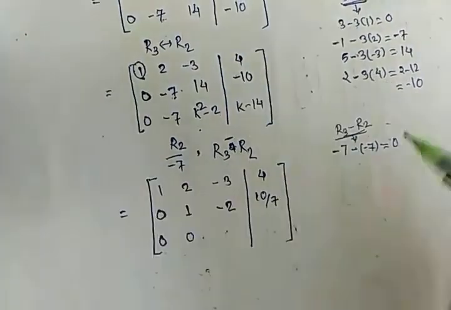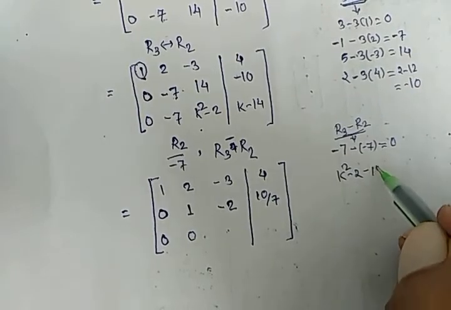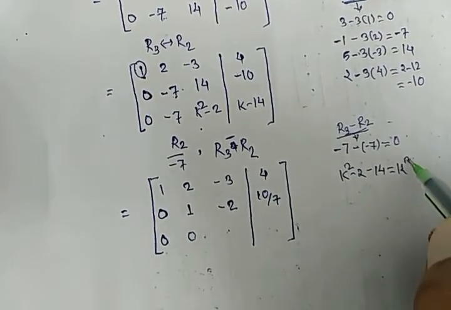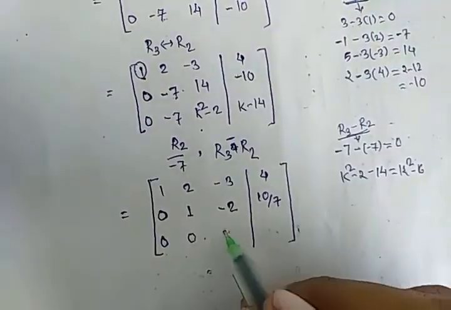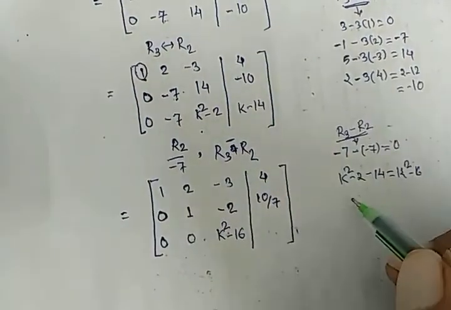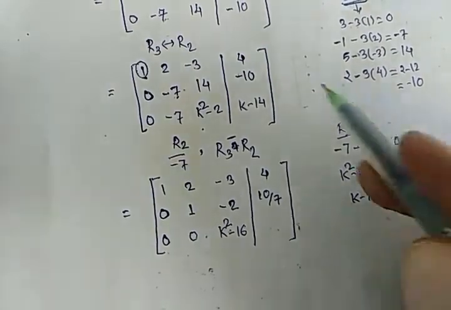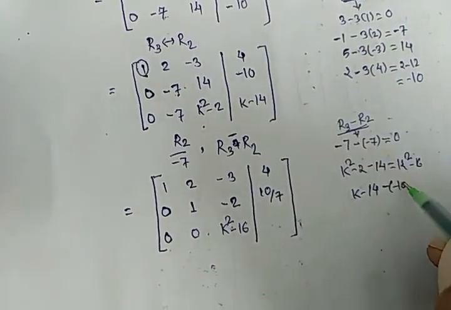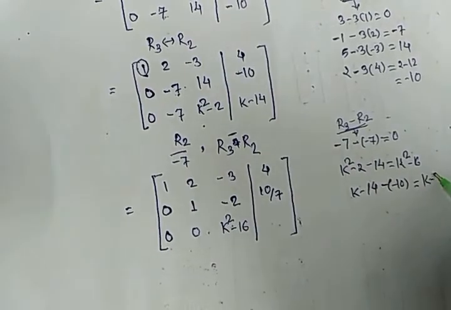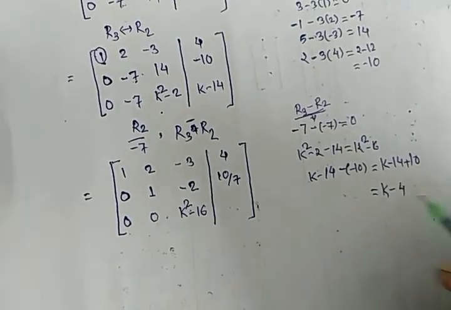Next, k square minus 2 minus 14 gives k square minus 16, and here it is k minus 14 minus of minus 10, which gives k minus 14 plus 10, which is equal to k minus 4.